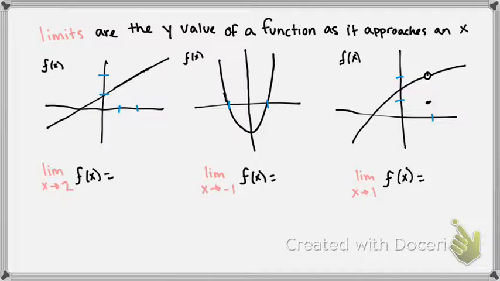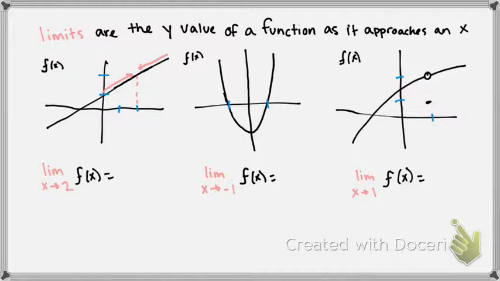So here, for example, in the first example, we're trying to solve the limit as x approaches 2 of the function. So let's go to x equals 2, and that's over here. How do we figure this out? Well, as we come in from the left, we are approaching a certain point, and as we come in from the right, we're also approaching a certain point.